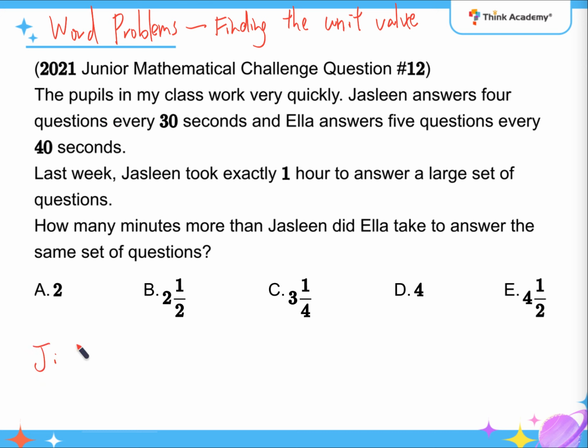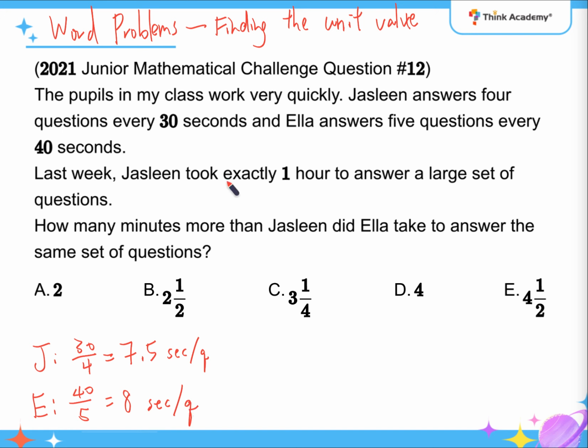So it means that in 30 seconds, she can answer 4 questions, which means that she can do 7.5 seconds for a question. So it takes her 7.5 seconds per question. And Ella answers 5 questions every 40 seconds. So for every question, it's going to be 8 seconds.